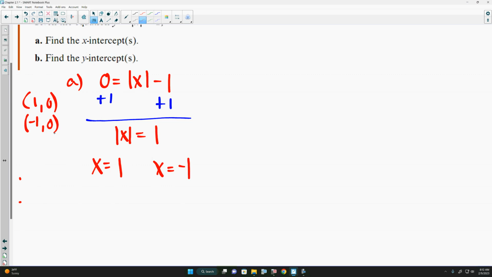Now the y-intercept, well, that is where the value of x is 0. Well, the absolute value of 0 is 0.